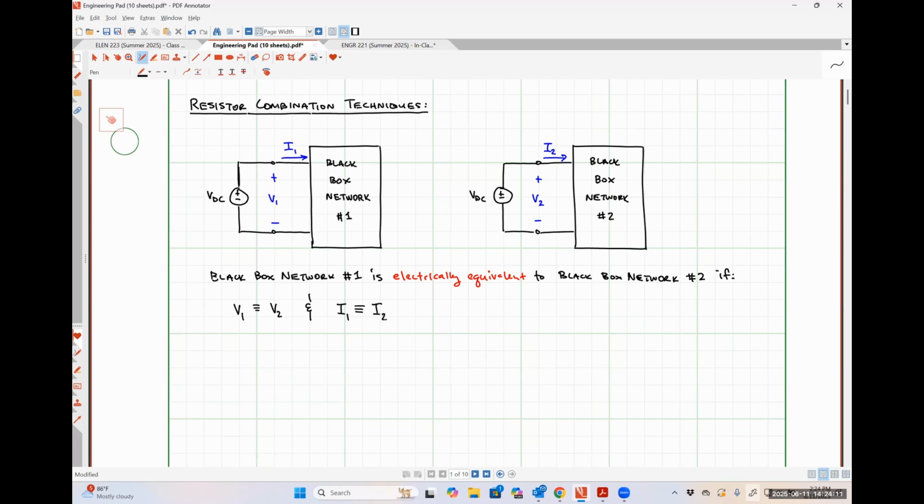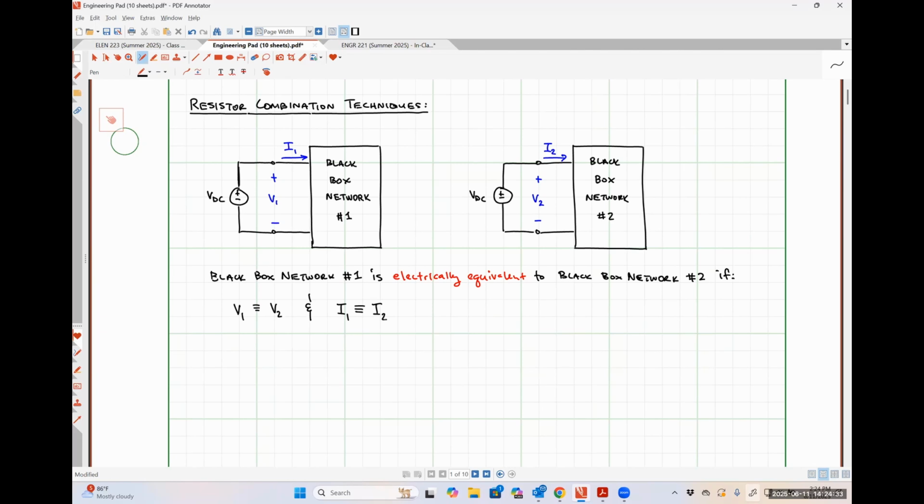Another consequence of this is that the power absorbed by black box network number 1 would be equal to that of black box network number 2. But the easiest way for us to think of these things is if the voltage is identical and the currents are identical, then the two networks are electrically equivalent to each other. Okay.